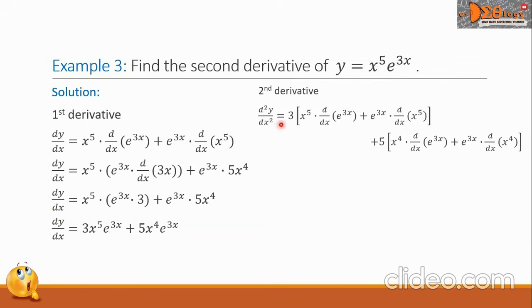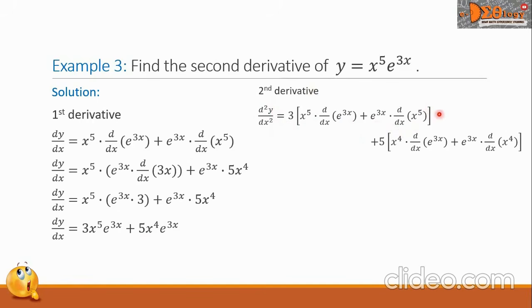So we'll have d square y all over dx square is equal to the constant 3 is outside times the quantity x raised to 5 times derivative of e raised to 3x plus e raised to 3x times derivative of x raised to 5.